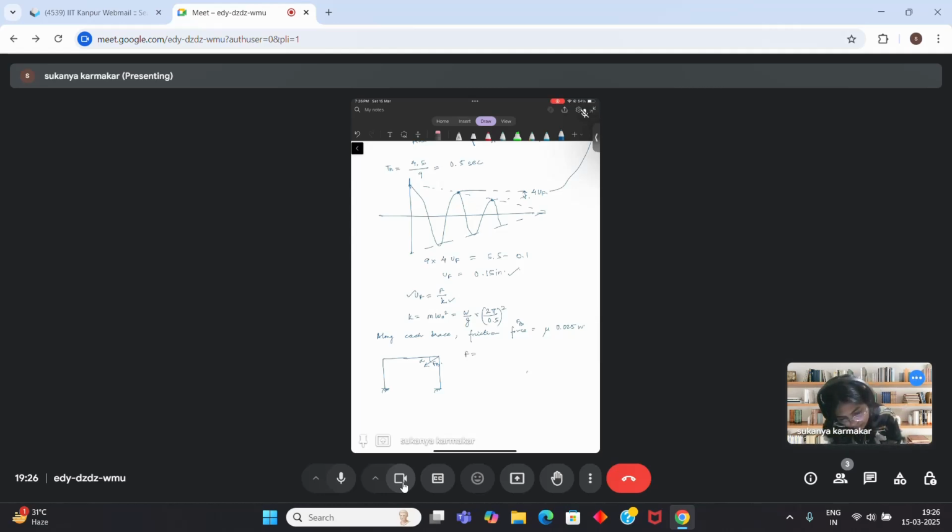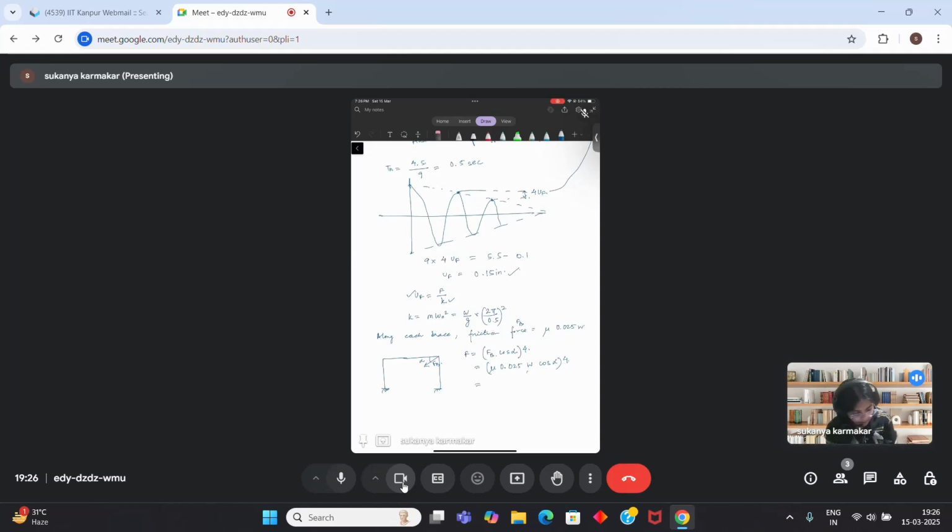FB, that is the force in the brace, cos alpha. Now, how many such horizontal forces will you have? You will have four such horizontal forces. So you do four. So FB is mu into 0.025 weight component cos alpha into 4.